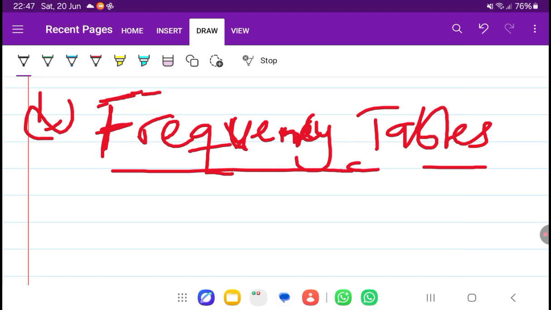Now, for frequency tables, I explained that they are just tables that represent more than one variable. It could actually be one variable, but this variable has been repeated very many times.